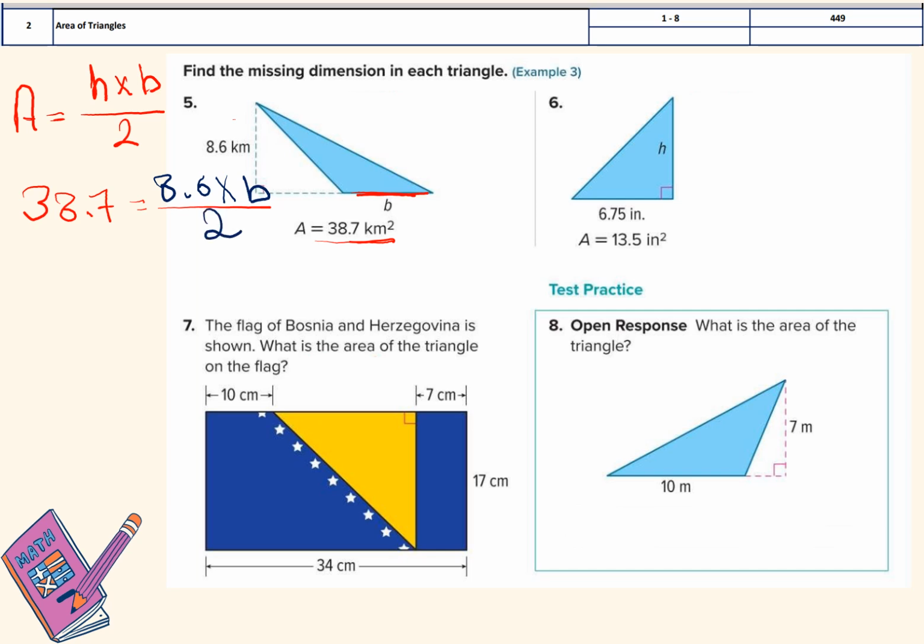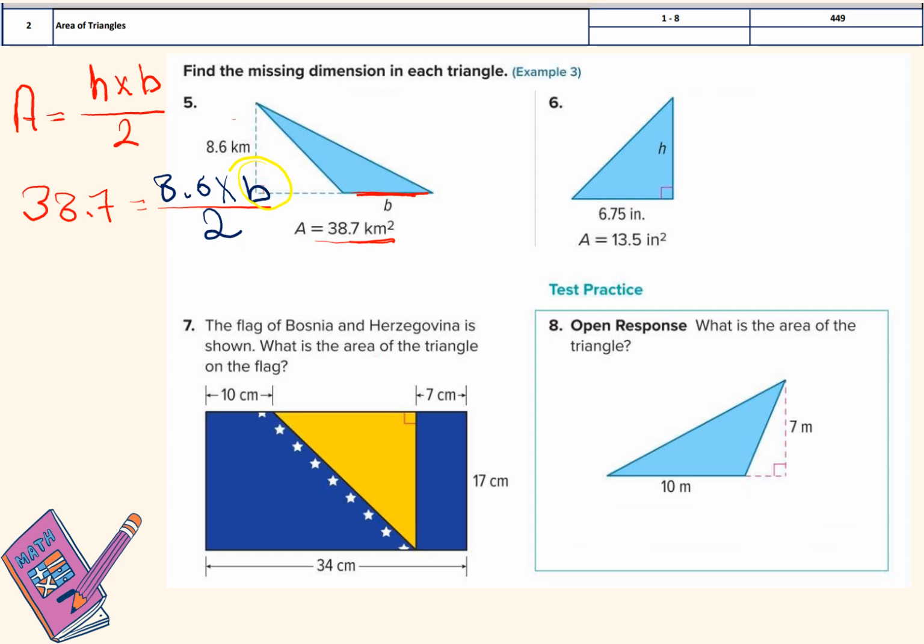So to find the value of the missing variable, which is the base in this case, we need to isolate it. This is the plan. To find the value of the variable, you need to isolate the variable. So I need to isolate b. I need to make it alone on one side. How to do that?